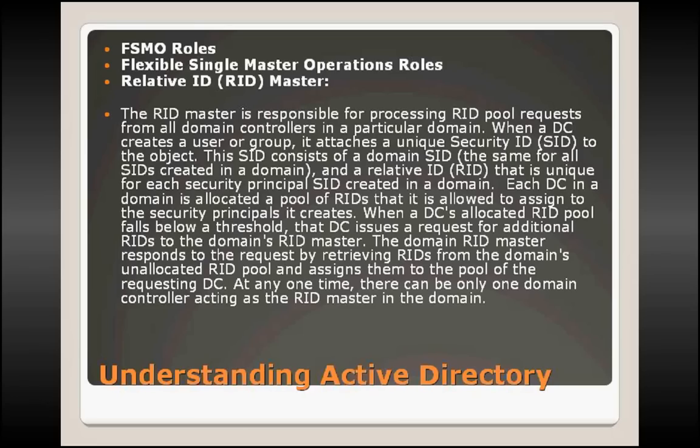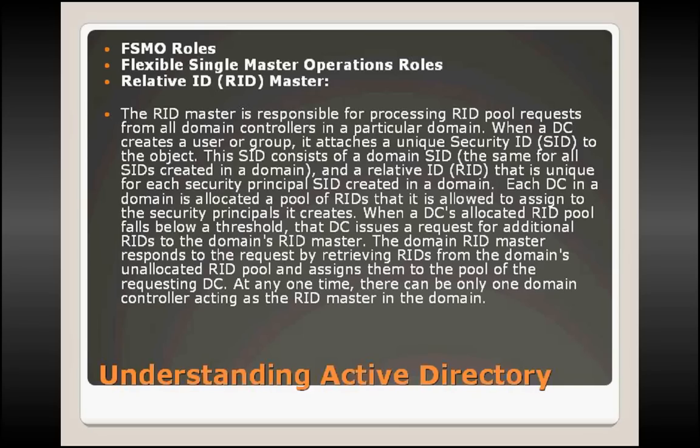The RID master role assigns a pool of IDs, which means even if the RID master role is down, until the pool that is assigned to you is completed, you're not going to require the RID master role. So now the question is, how will you come to know how much is left in the domain controller? You really do not have that option to see what is happening, unless you really want to dig inside Microsoft Active Directory.